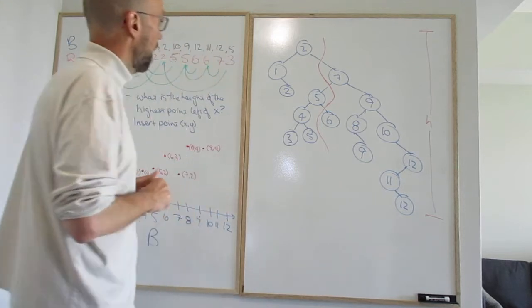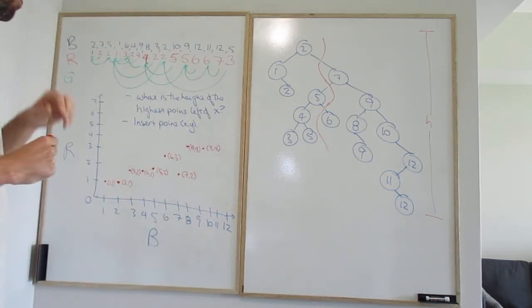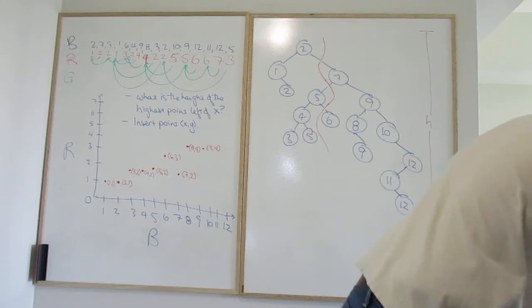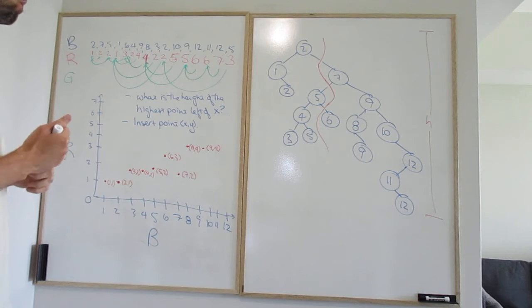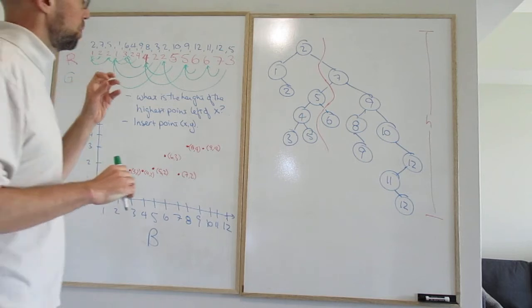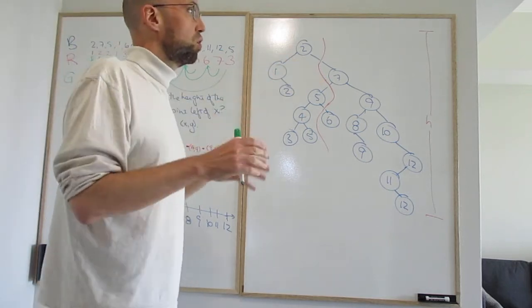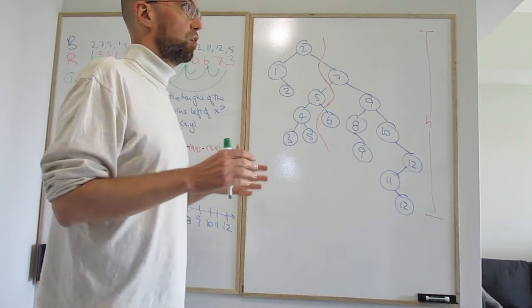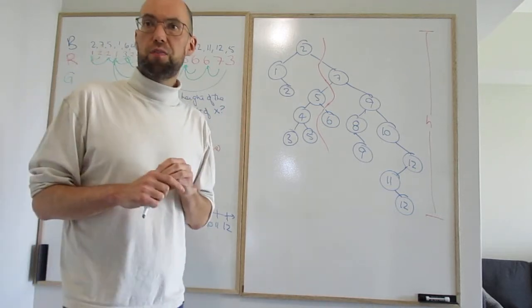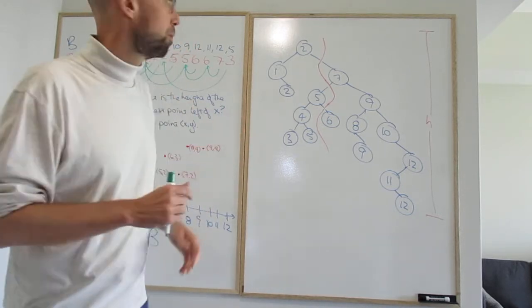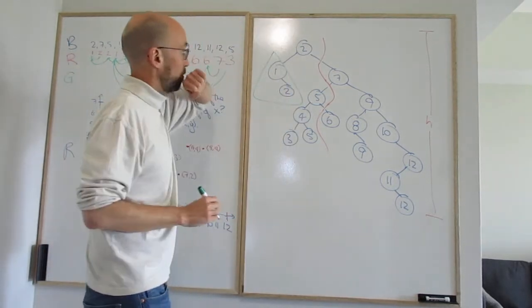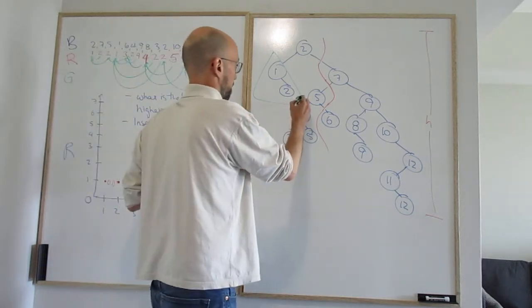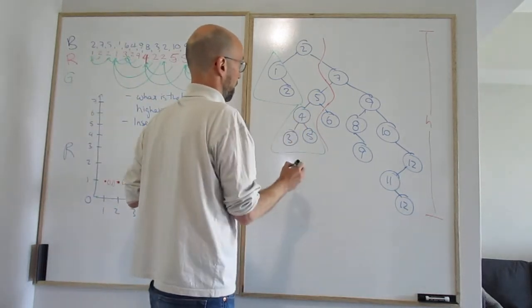So in fact, the other thing to notice is that if we just want the subtrees, if we want to split this into subtrees which contain stuff that's less than or equal to 5, everything in the left child of 2 is less than or equal to 5. Everything in the left child of 5 is less than or equal to 5.